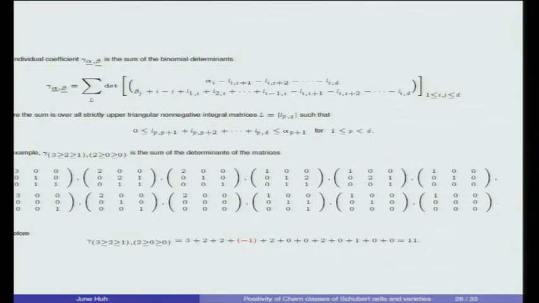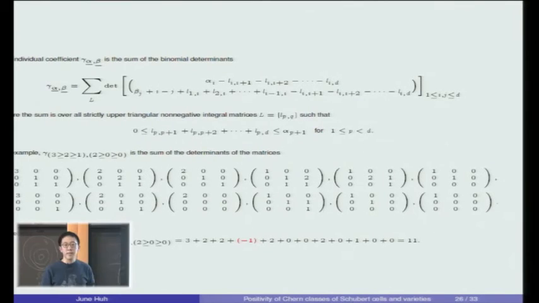So I did this for one example, and I'll show you the result. Whenever you have the partitions 3, 2, 1 and 2, 0, 0, if you read the previous sentence very carefully 5 times, and then run this computation, it says the following. Gamma, alpha, beta is a sum of 12 numbers, each one of which is a determinant.